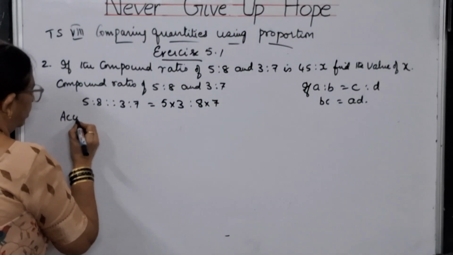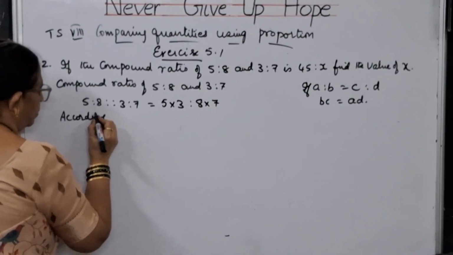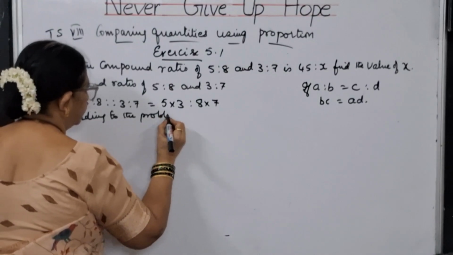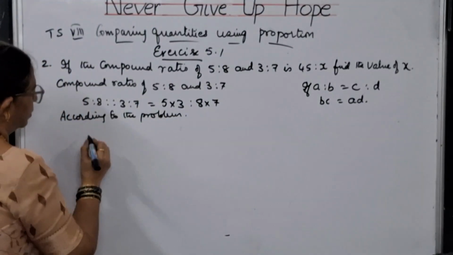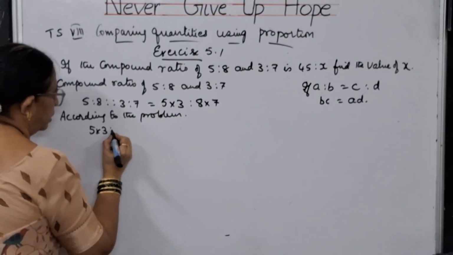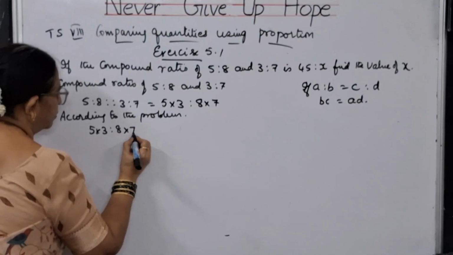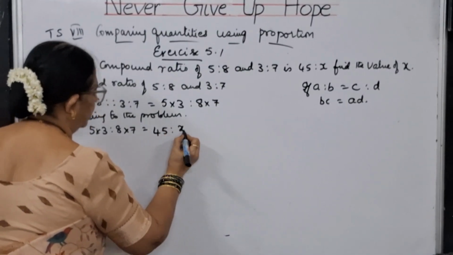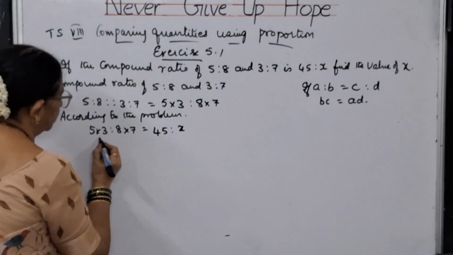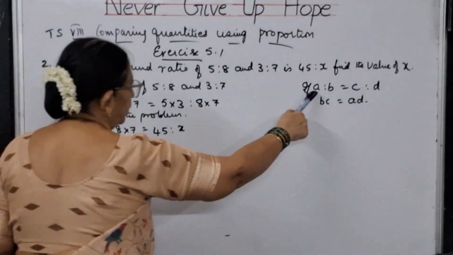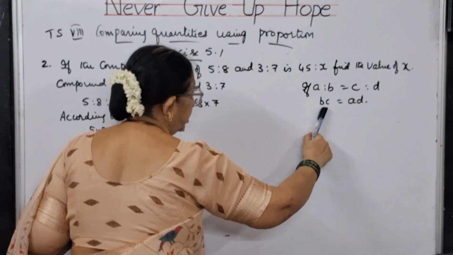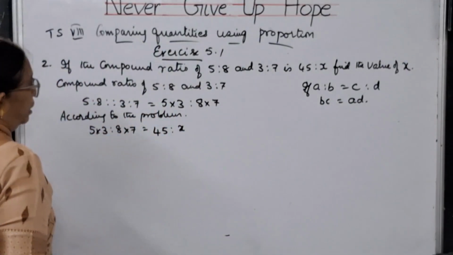So according to the problem, 5 into 3 is to 8 into 7 is equal to 45 is to x. Here what you can say, when two ratios are equal, if A is to B is equal to C is to D, product of means BC is equal to AD, extremes.